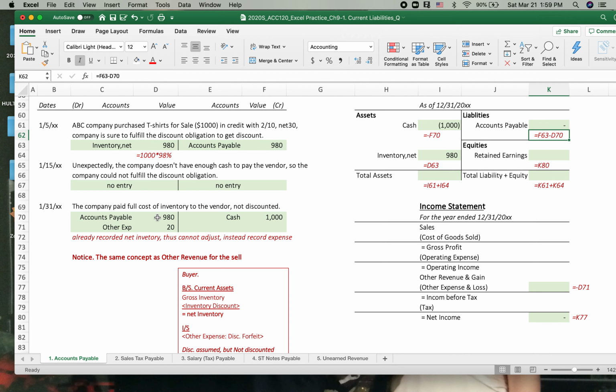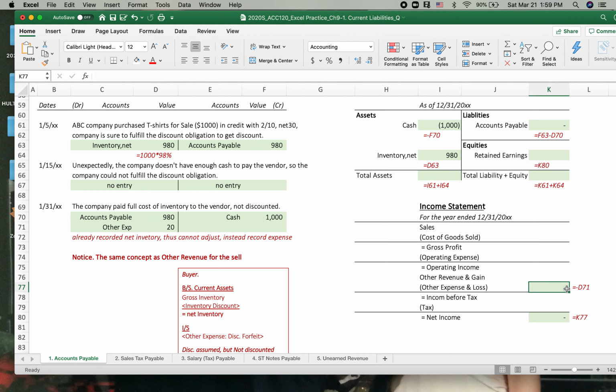Again, if we had $1,000 accounts payable matching the cash, then accounts payable would be negative. It doesn't make sense. By paying $1,000, we don't owe any obligation, and we don't have any right to receive cash, which a negative liability would imply. It should be the same as the accounts payable 980 we previously recorded.